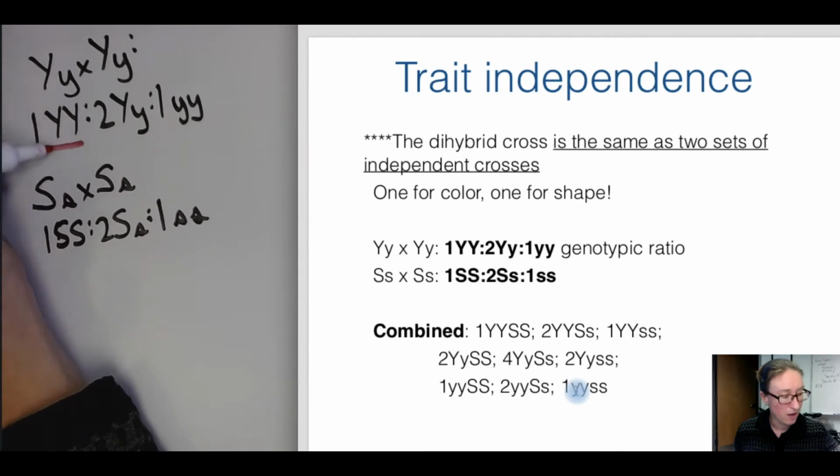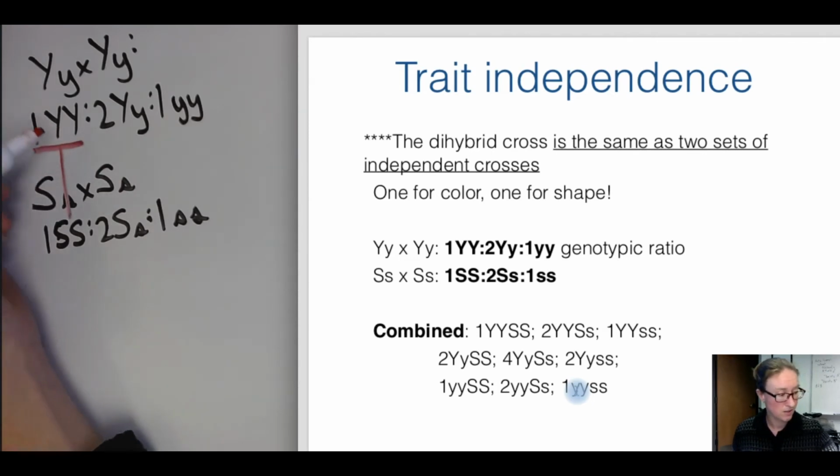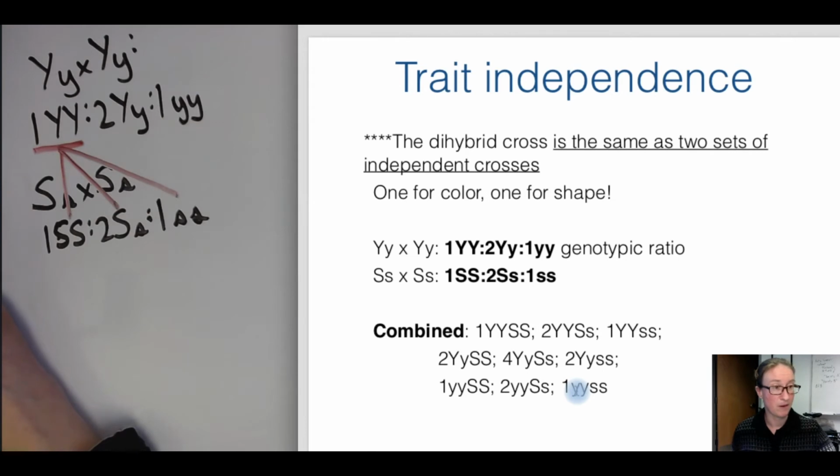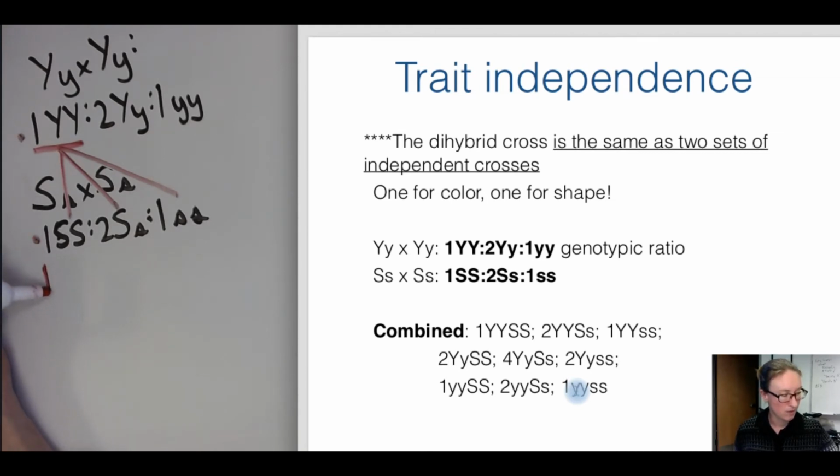You could have a big Y along with big S, big Y with big S, and big Y with little s. So the probability of having 2 big Y's and 1 big S, or 2 big S's, is going to be 1.